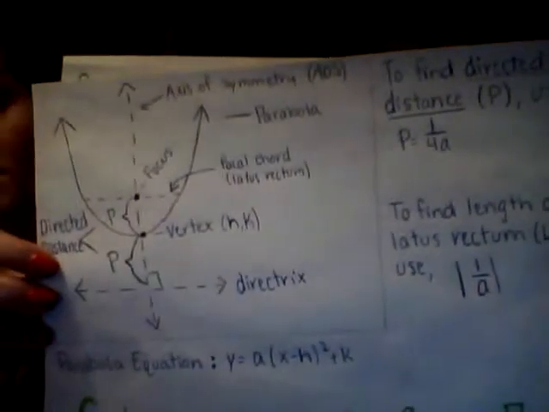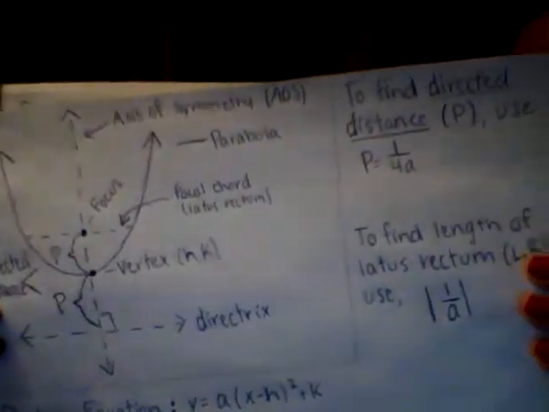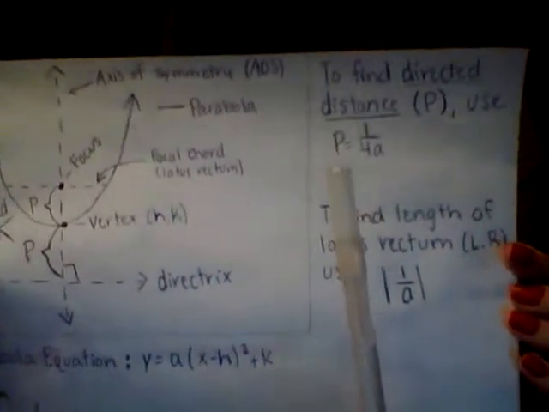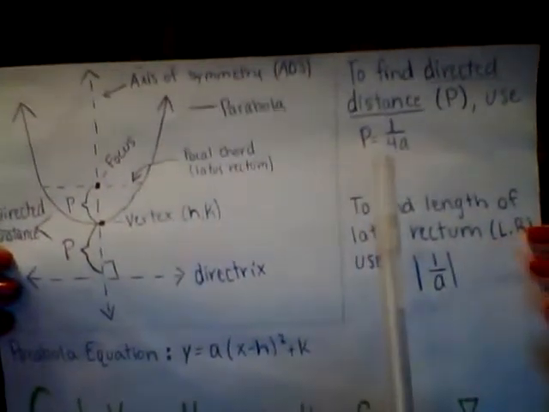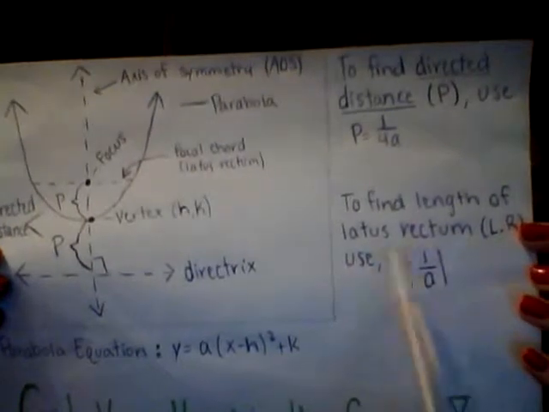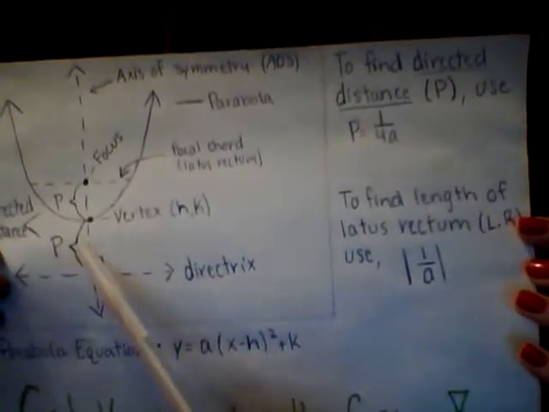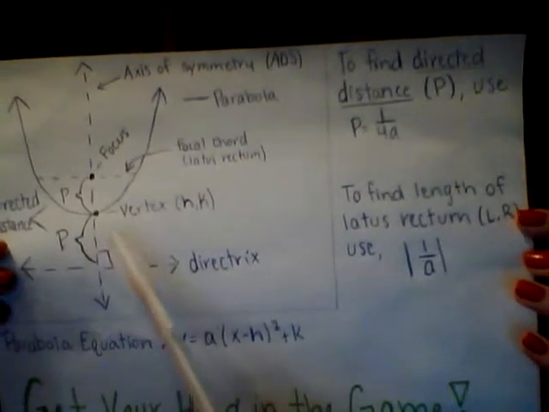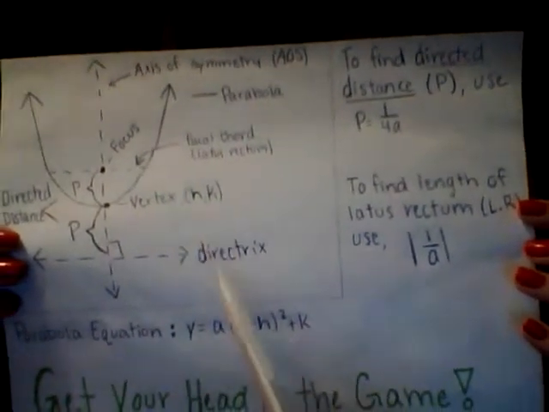To find the directed distance p, which you can see on the picture, you're going to use 1 over 4a, and you can see where the a is in the equation down there.